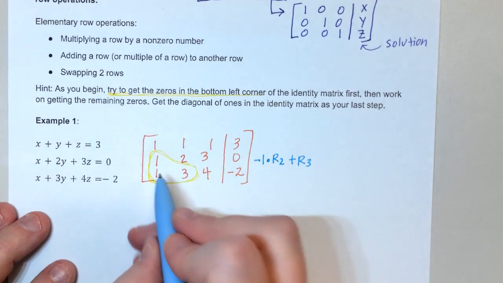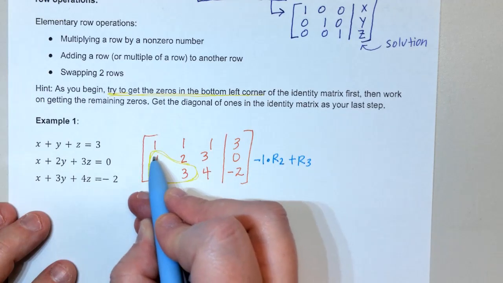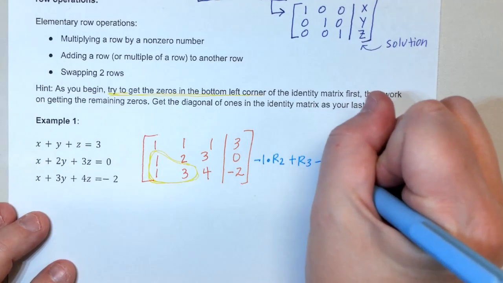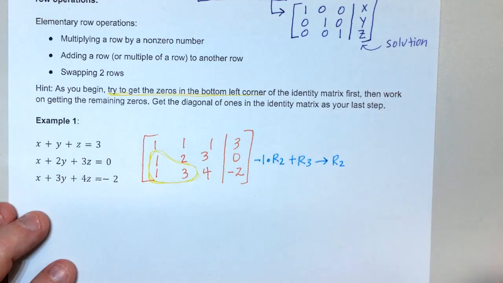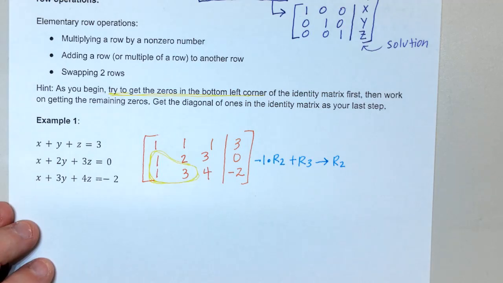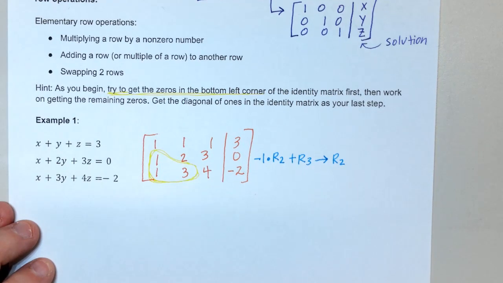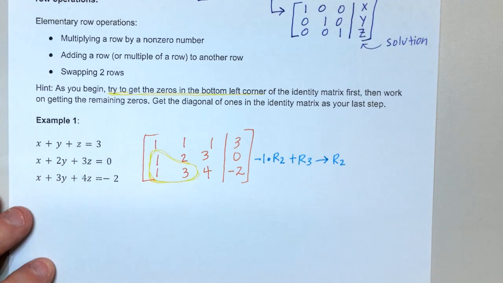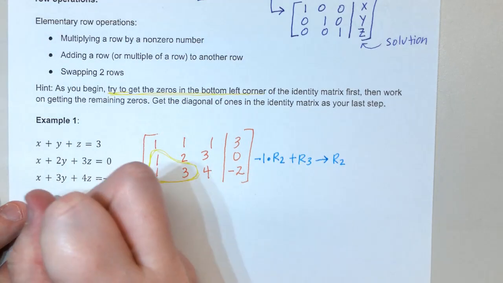And we said we want to change row 2, right? Because we want to make this into a 0. So we're going to draw an arrow to say that we're going to write our answer in row 2. So in order to help keep us on track to where we're not replacing wrong rows, what should we do first?